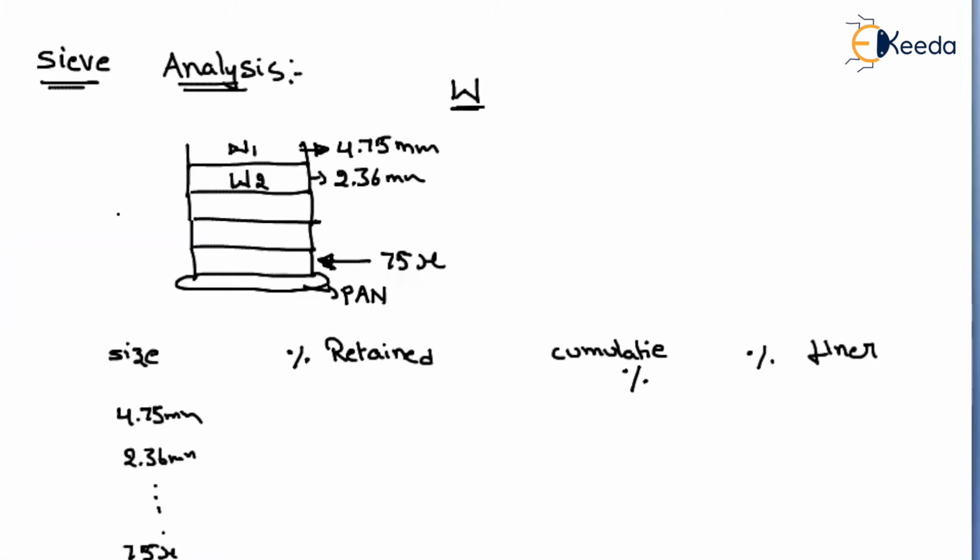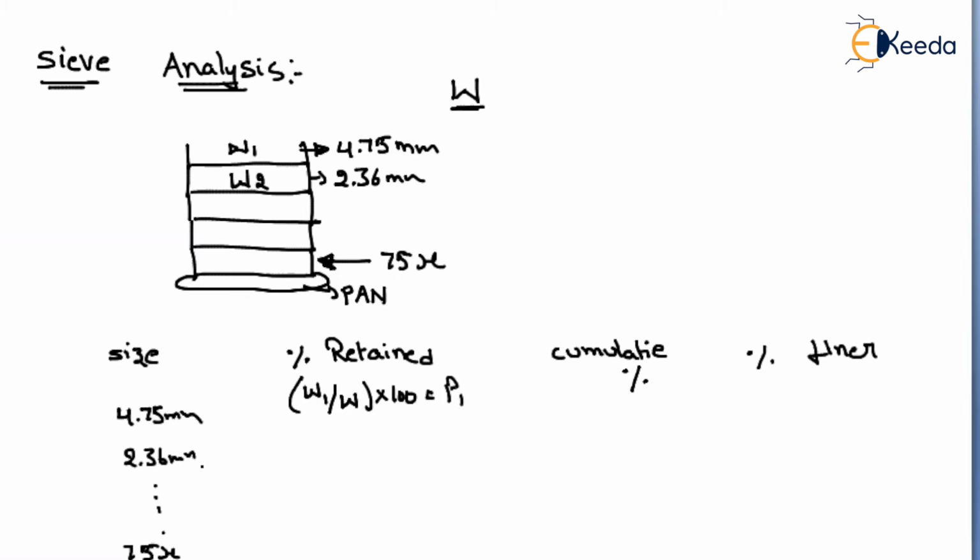As we have discussed, how can we find the percentage of soil retained on 4.75 mm? The soil retained is W1. So the percentage is W1, the soil retained on the sieve, divided by the total weight of the soil we have collected, multiplied by 100. Let us say this value is P1.